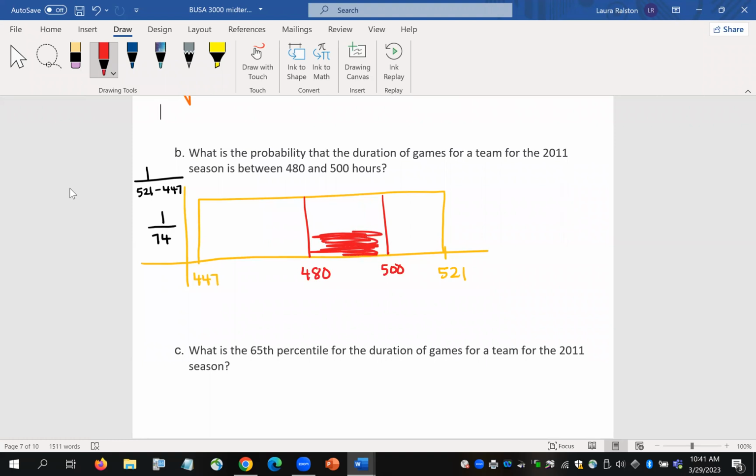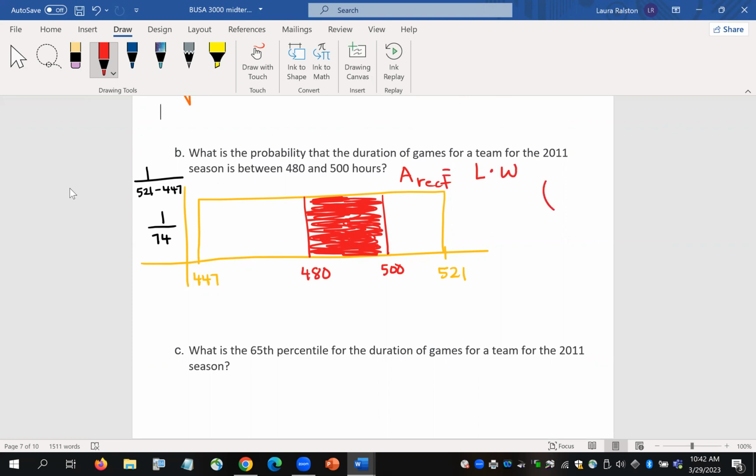So again, you've got to try to find the probability. The probability corresponds to the area under the curve, or this red looking rectangle. So remember, the area of a rectangle is length times width.